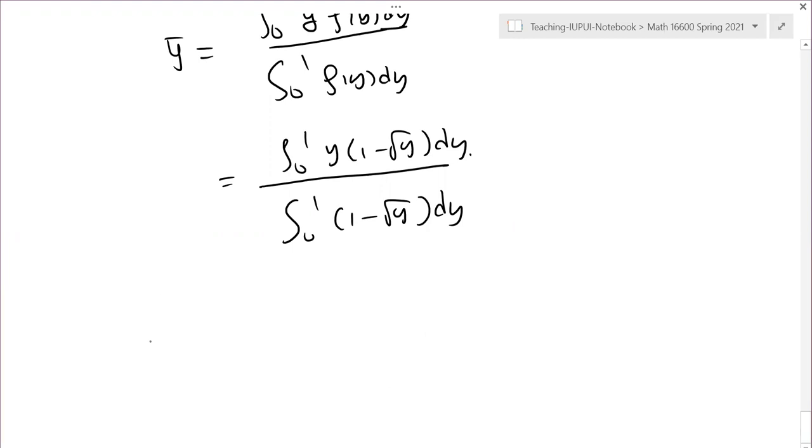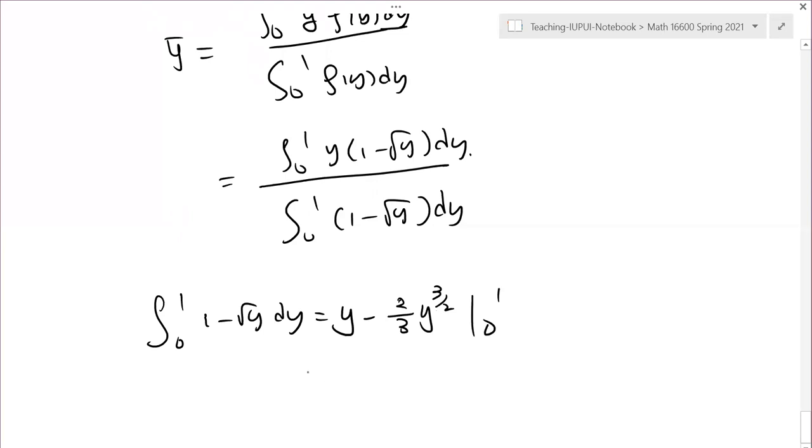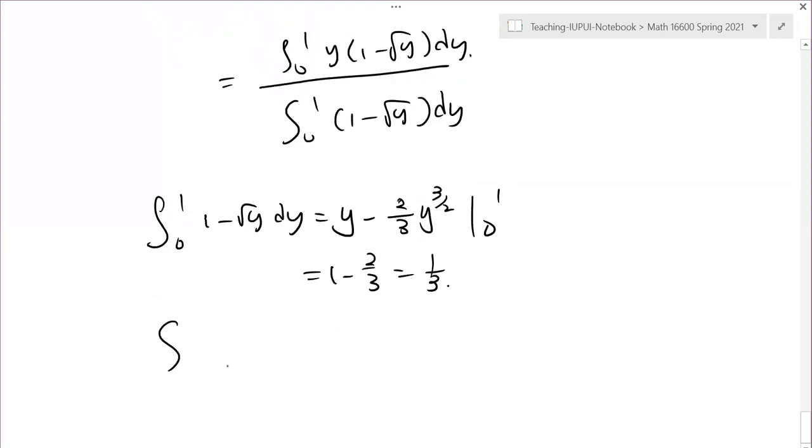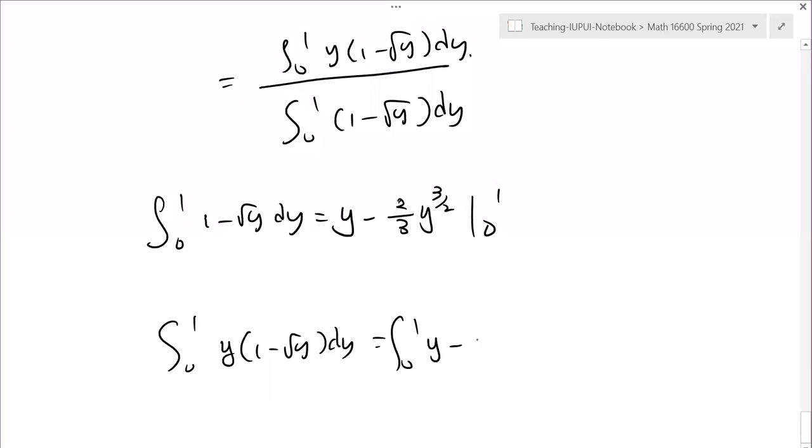All right, let's evaluate this integral first. The antiderivative of square root of y is 2 over 3 y to the 3 over 2, yes, when you differentiate, you get 1/2, from 0 to 1. So 1 minus 2 over 3 is 1/3. Another one is y times the quantity 1 minus square root of y dy, which is y minus y to the 3 over 2.